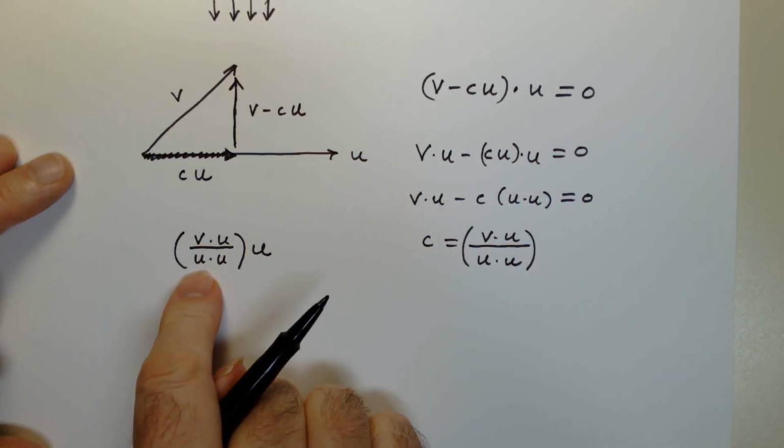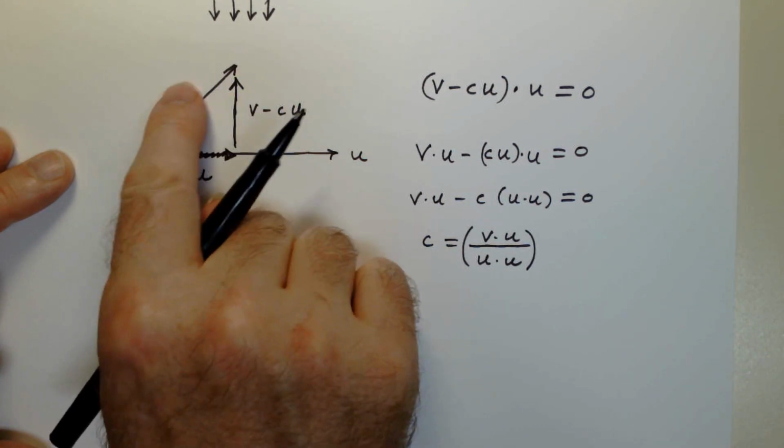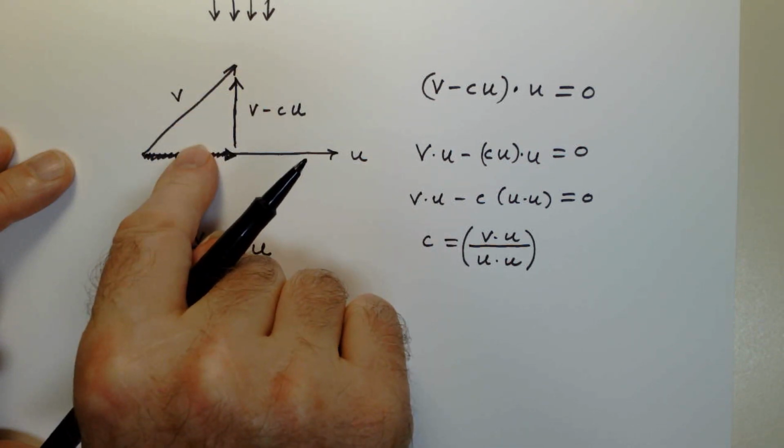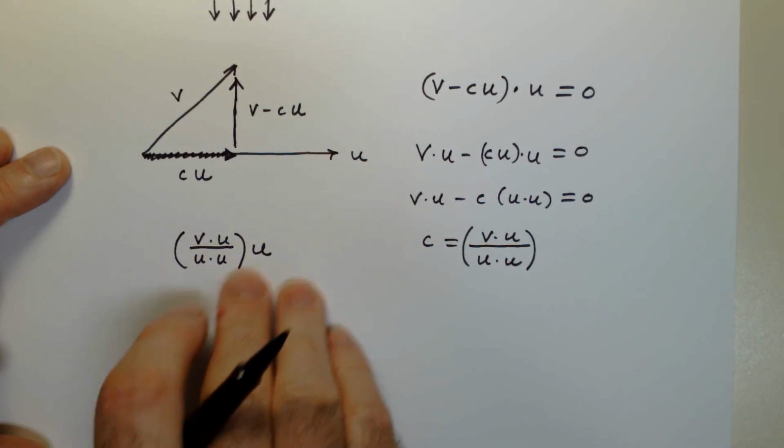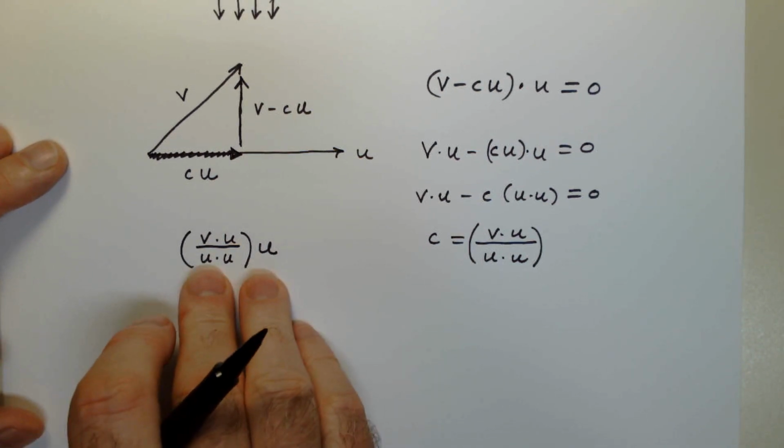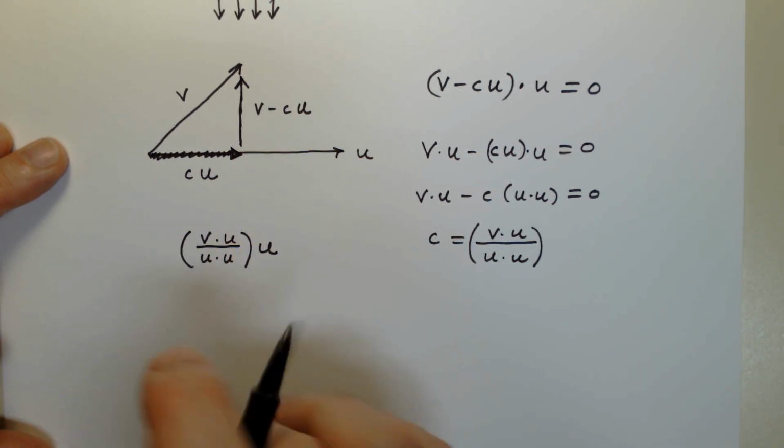Now this vector has a special name because this kind of action of projecting one vector onto another is so important that it has its own name. This is usually called the projection of v onto u.